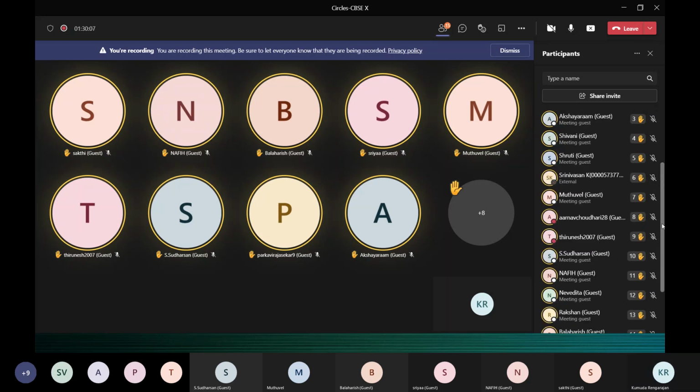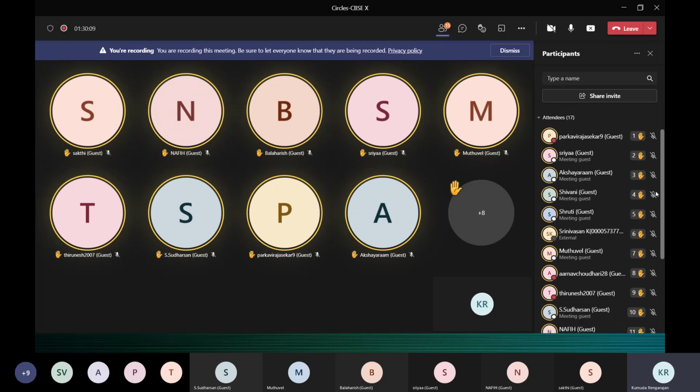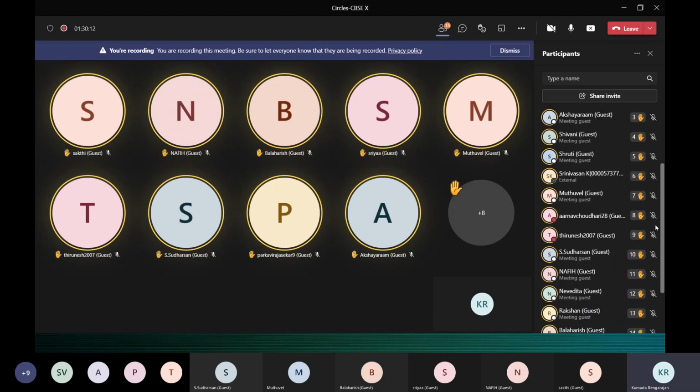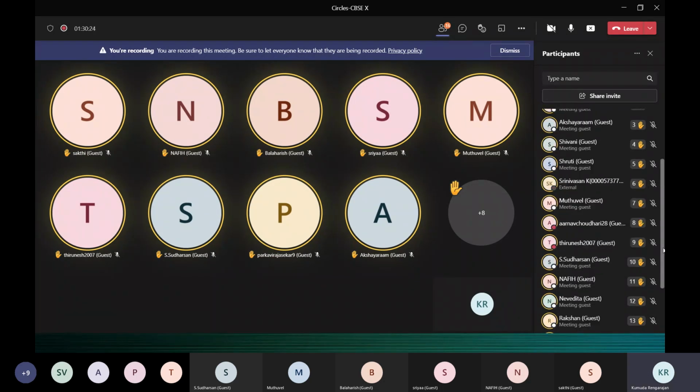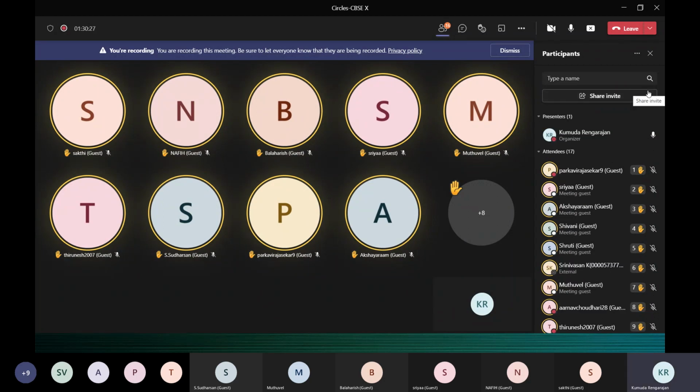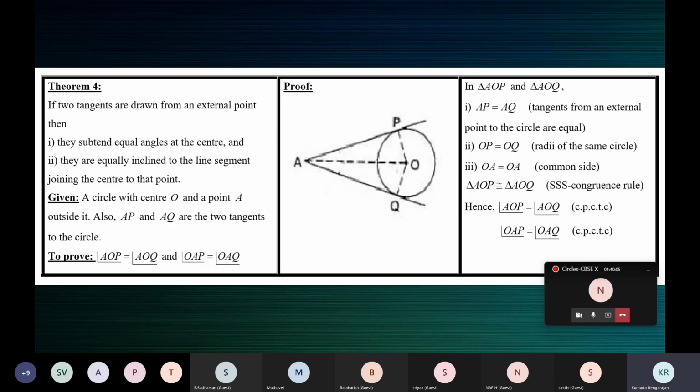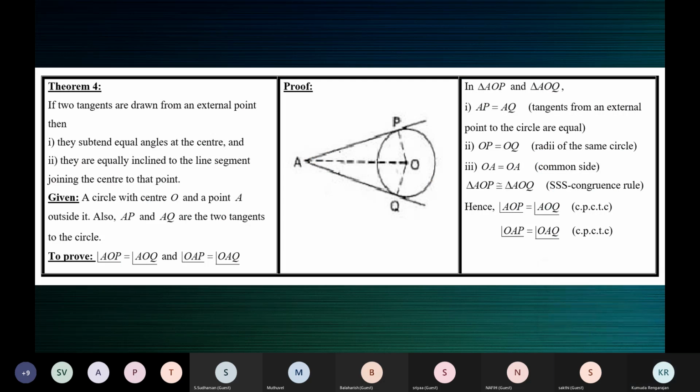Okay, so we have Parkavi, Shriya, Aksharam, Shivani, Shruti, Srinivasan, Muttuvel, Arnav, Tirunesh, Sudarshan, Nafi, Nivedita, Rakshan, Balahari, Shakti, Shabarigrish, Hariharan. All right. Thank you, children. Any questions, children? Okay, others? No, ma'am. All right, children. Thank you.